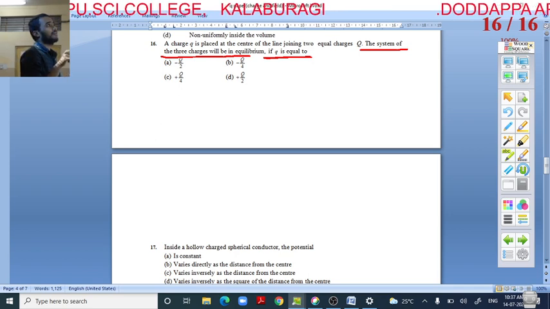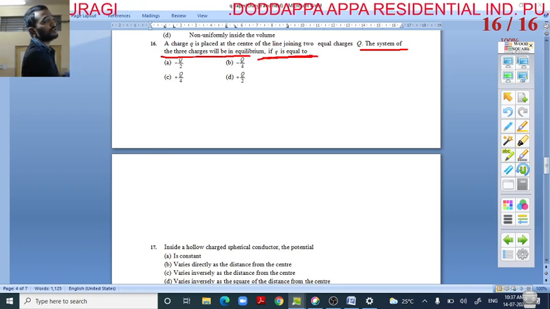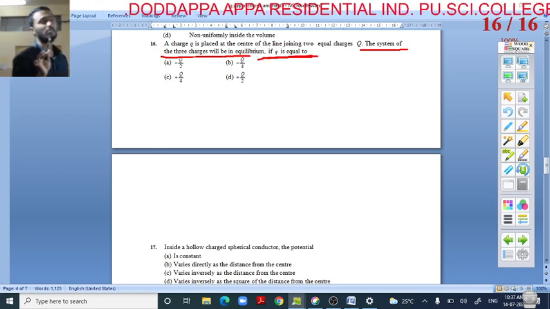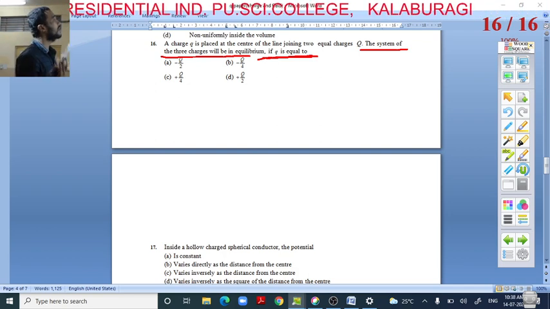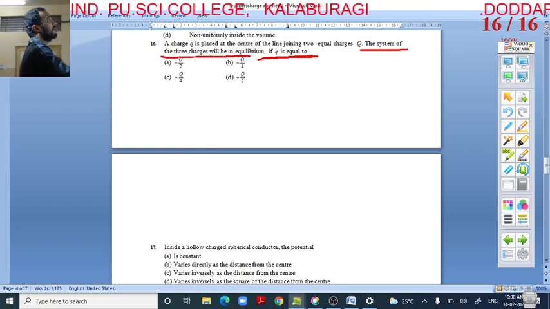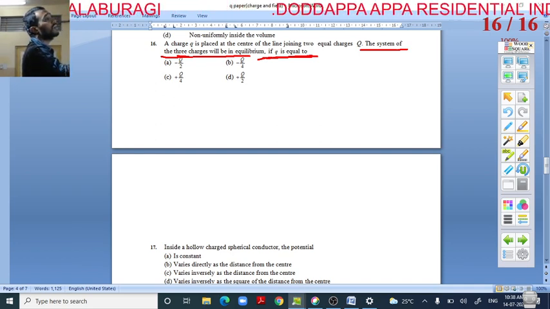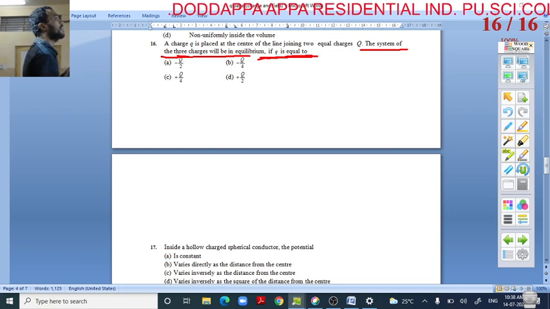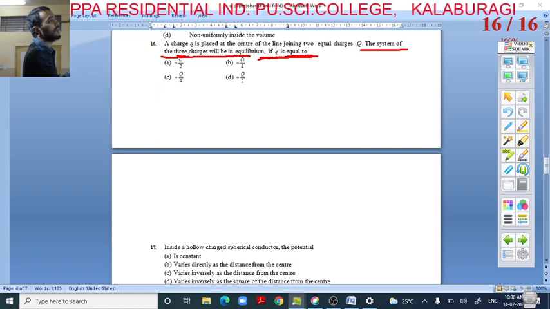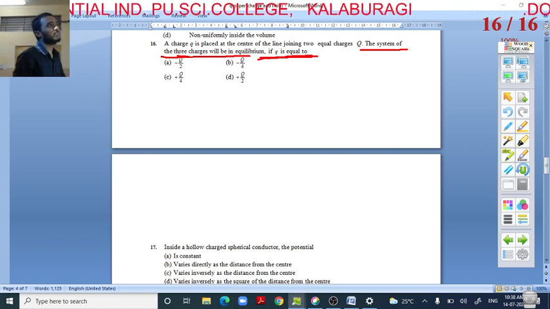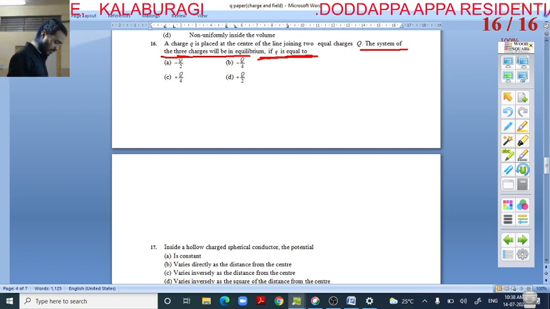To be in equilibrium, those three charges, what should be the small q value so that the system of those three charges is in equilibrium? The options are minus Q by 2, Q by 4, plus Q by 4, plus Q by 2. That is the question. So what is the value of small q, he is asking.